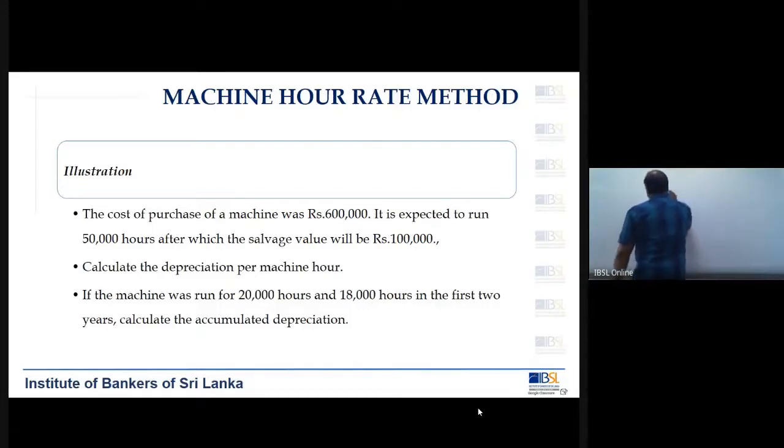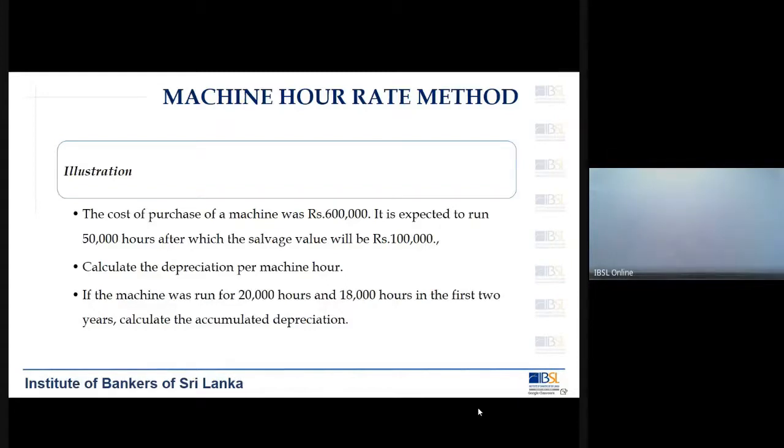They can use any other method that we already discussed, but it is more suitable when they use this machine hour rate method, because it looks at the relationship with the production. So it goes in line with the production and the depreciation.